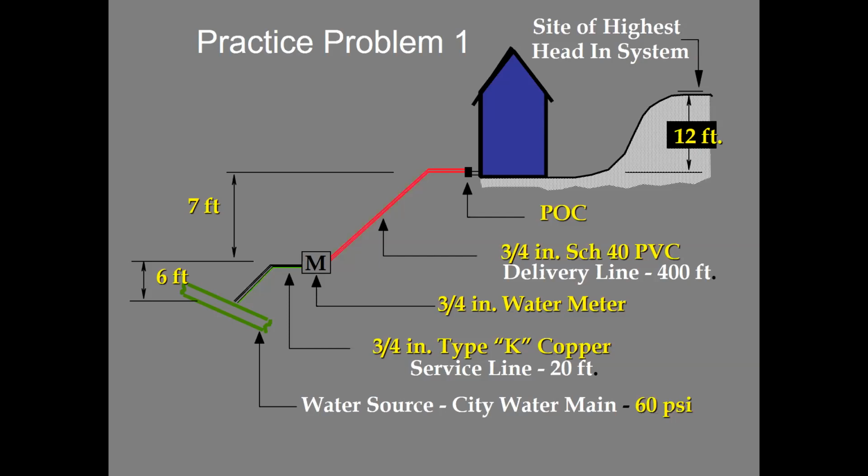And then our static pressure at our point of connection is line 1 minus line number 3. Should be what? 54.37 PSI. Has everybody got what Dylan got?